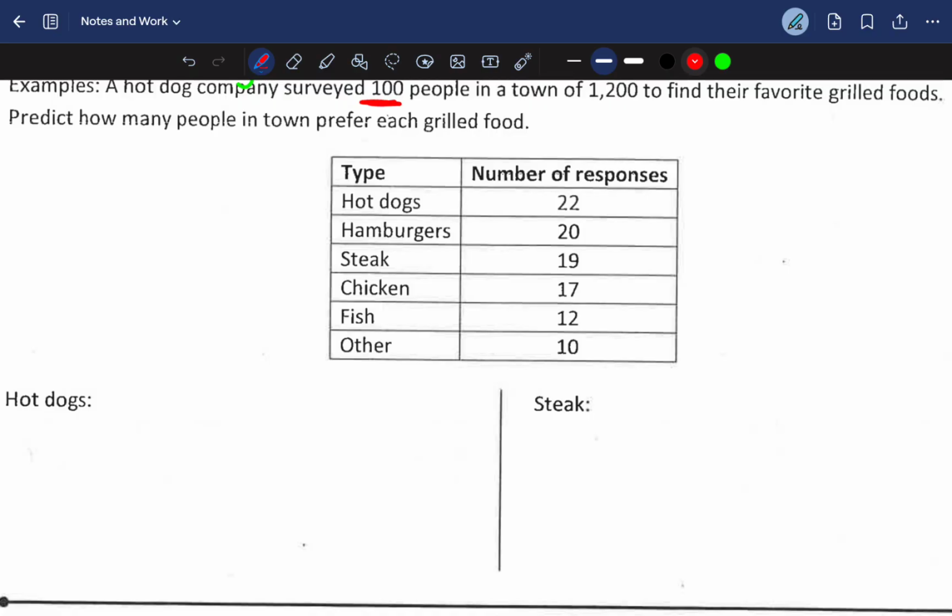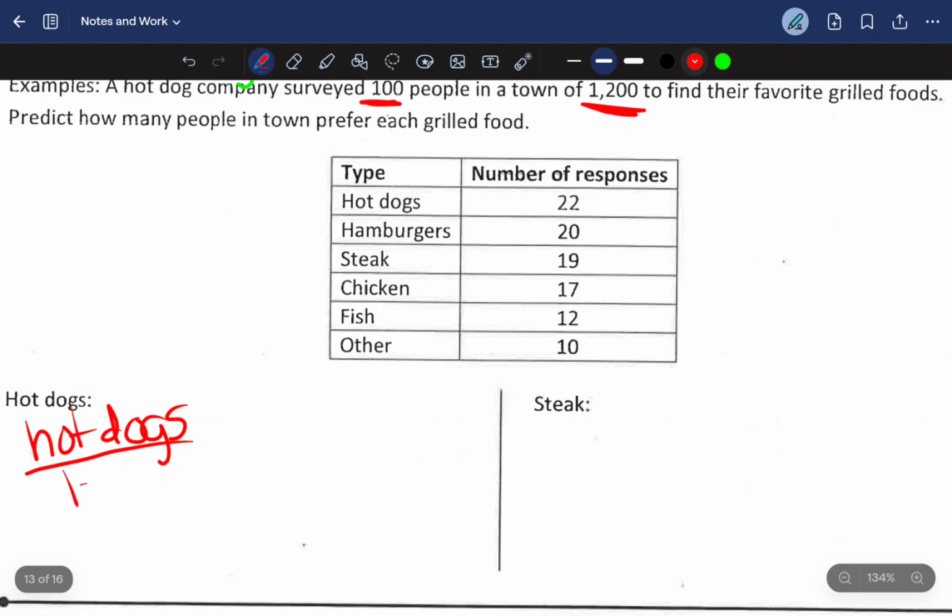I know that there was 100 people they surveyed, and then the town itself has a population of 1,200. So it wants me to calculate hot dogs over total. I'm going to use the probability information first.